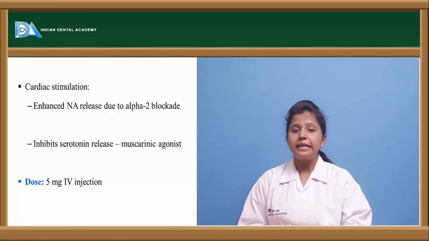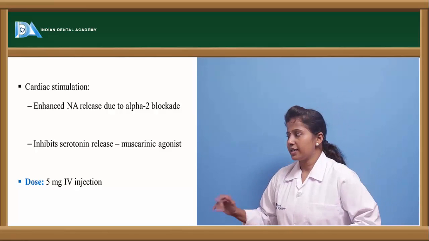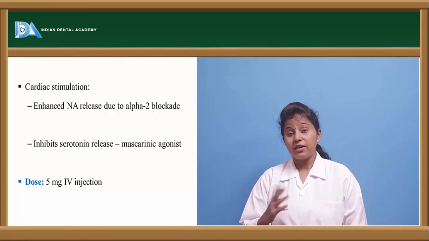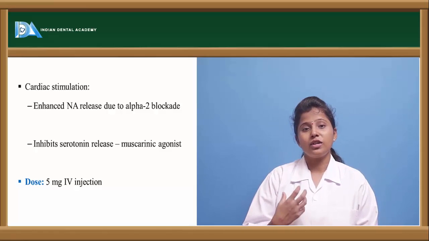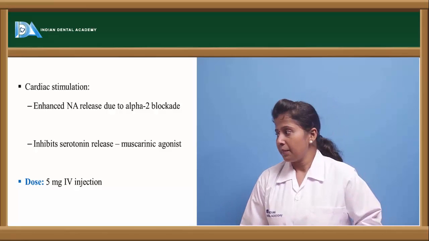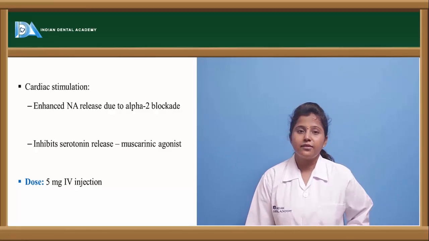So here Phentolamine blocks the serotonin receptors or 5-HT receptors, and it also shows a muscarinic agonist effect. Or else we can say it improves the parasympathetic nervous system activity. And the Phentolamine dose is about 5 mg, which is given through the IV route.